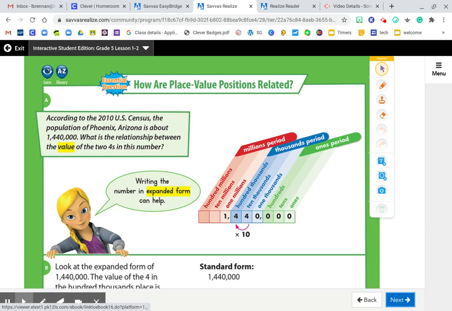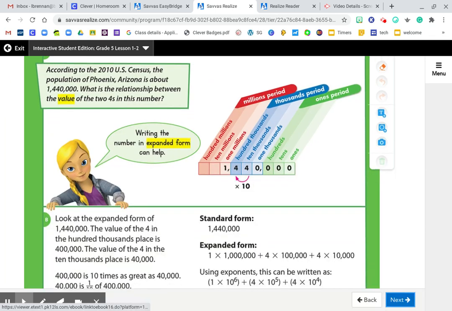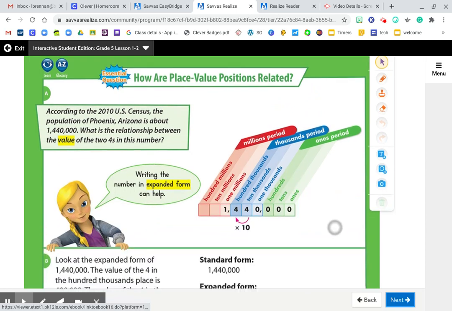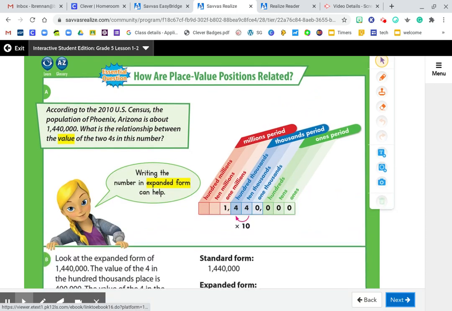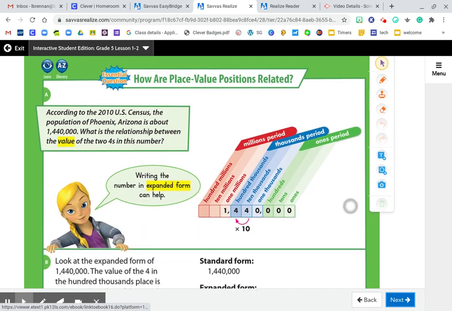Remember, you would have your tools off to the side where you can actually write on the page. Unfortunately, it doesn't read it to you. So if you need a parent to help you read it, I do try to read it in my videos, but if you need somebody else to help you read it, you're going to have to ask for some help there.